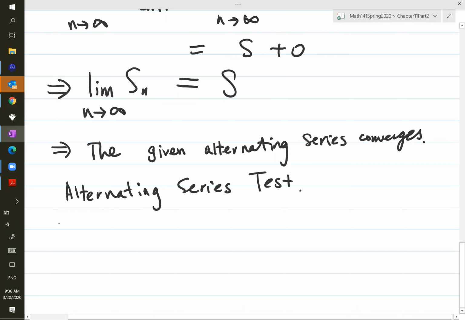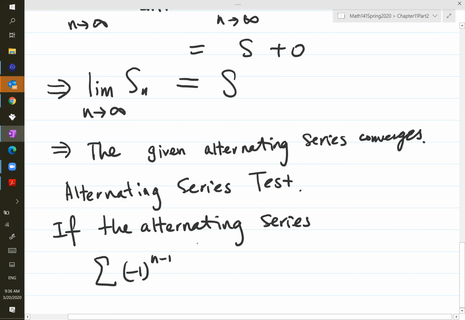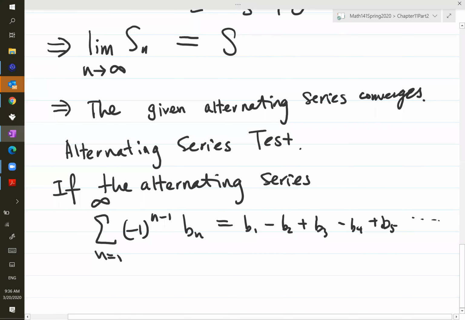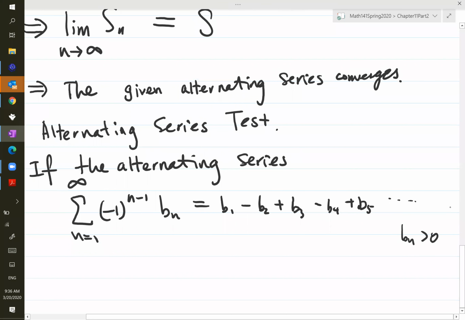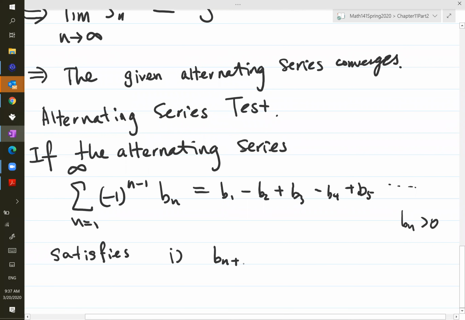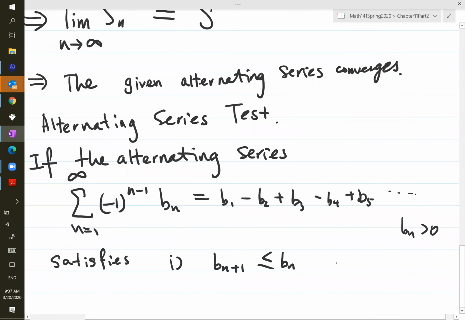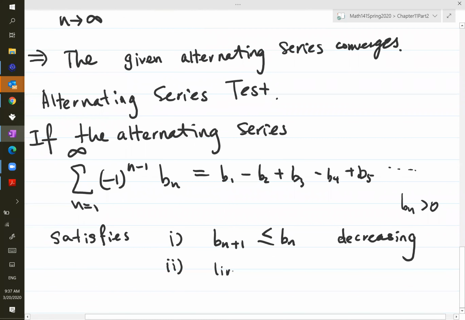Suppose we have an alternating series, the sum of (-1)^n b_n, n from 1 to infinity, which is b1 minus b2 plus b3 minus b4 plus b5, etc., such that all the terms b_n are positive, and it satisfies: one, it's decreasing, b_{n+1} is less than or equal to b_n; two, the limit is 0.